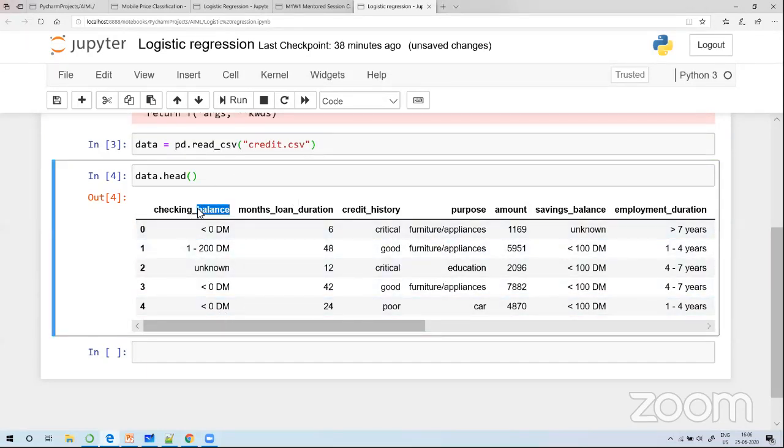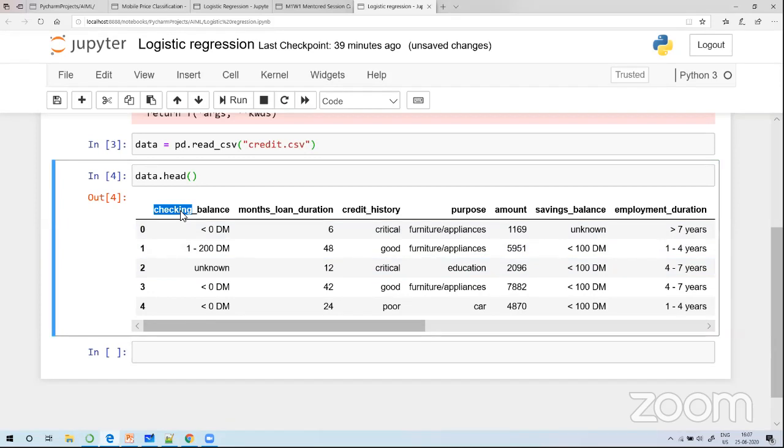There are a few columns. This is a data set that's coming from the banking industry. That's why the variables look like checking balance. This is already divided into categories.